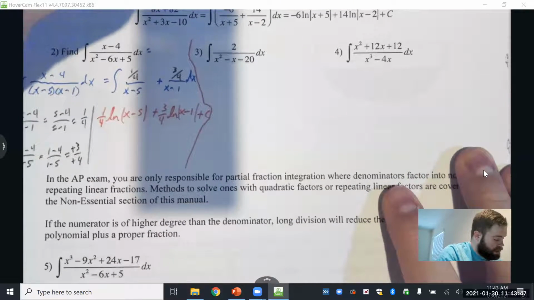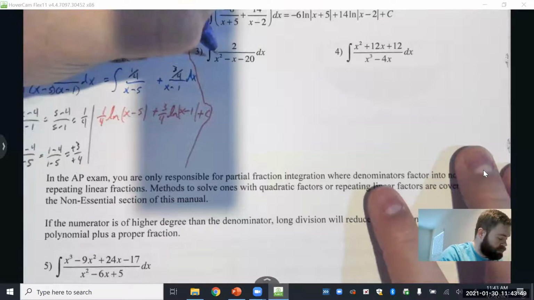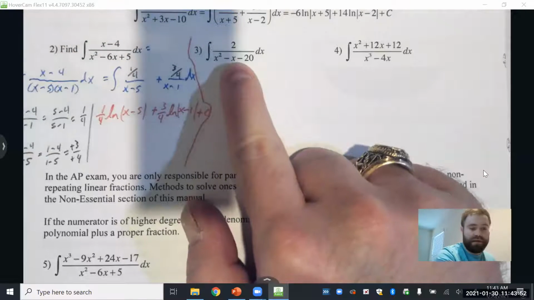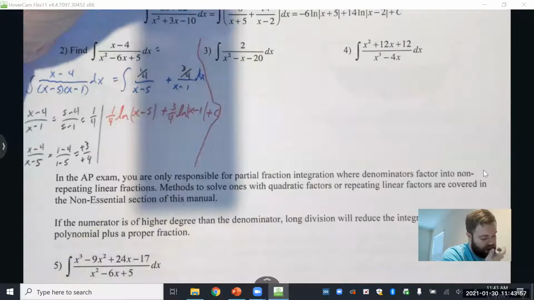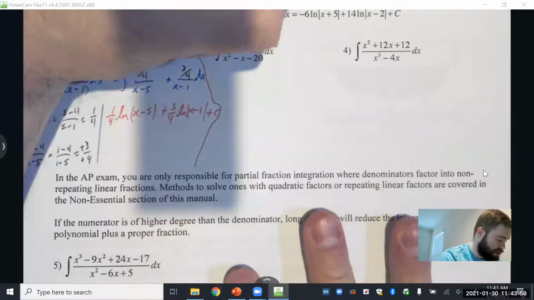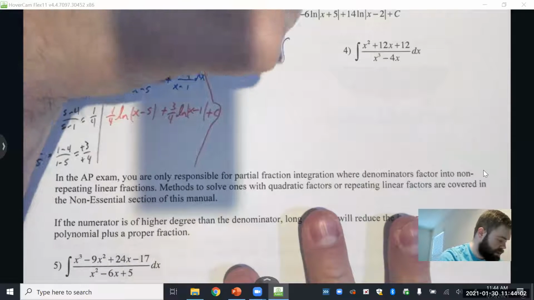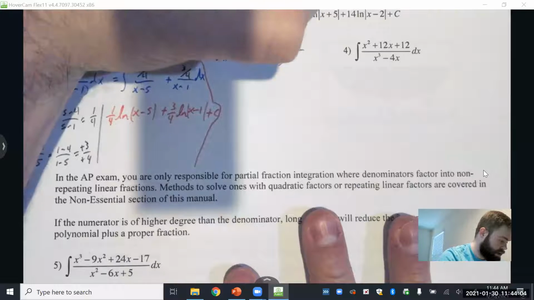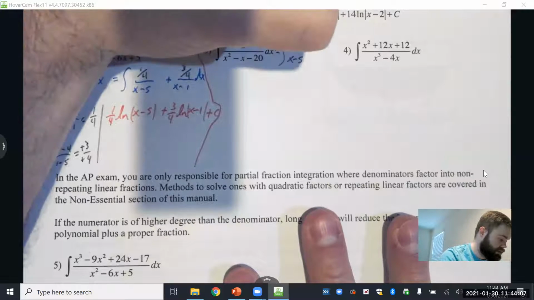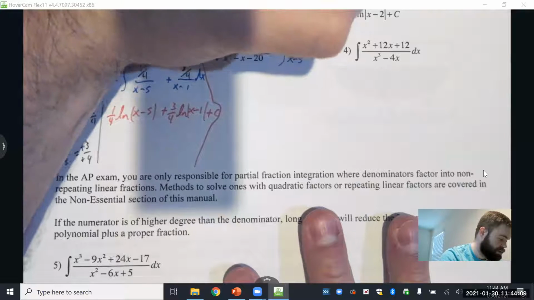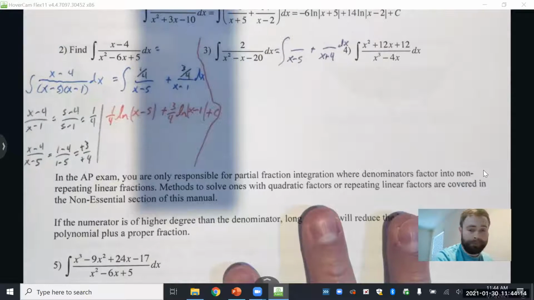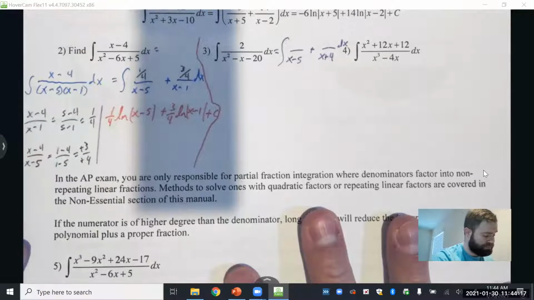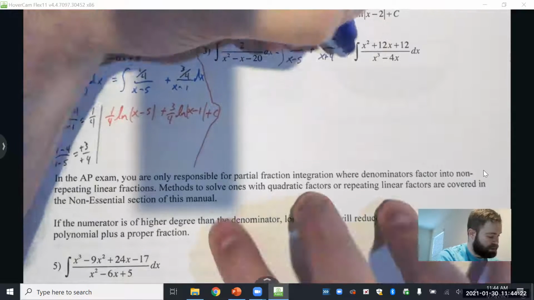So how would this factor? Well, two things multiply to get -20 and combine to get -1. That would have to be -5 and +4. So that means this is going to become the integral of something over x minus 5 plus something over x plus 4 dx. To figure out what those constants are, I shouldn't have written it like that first.